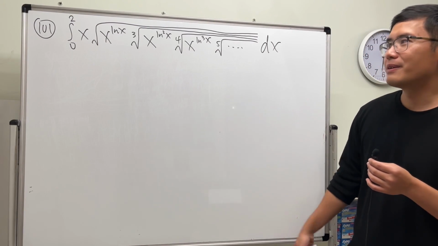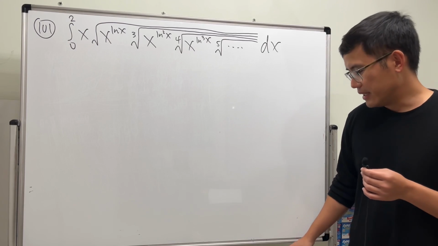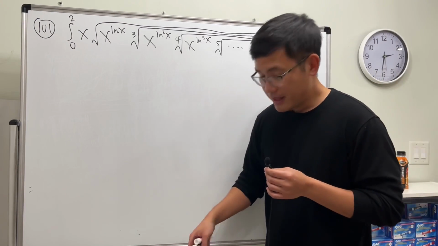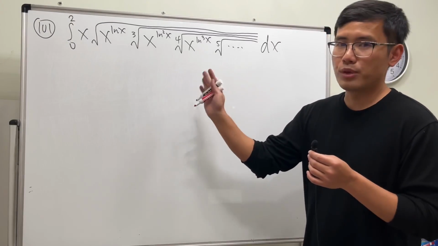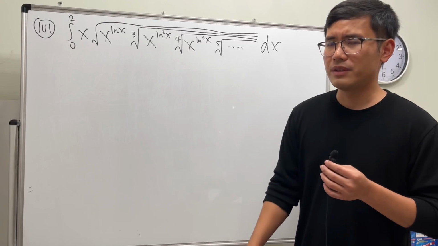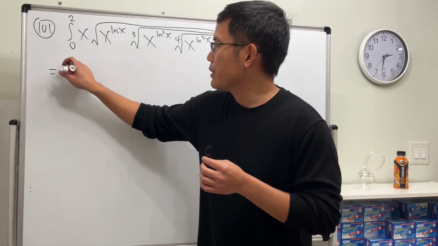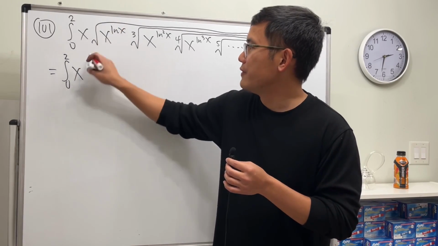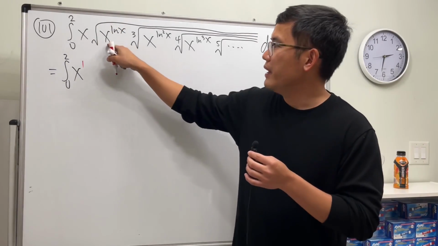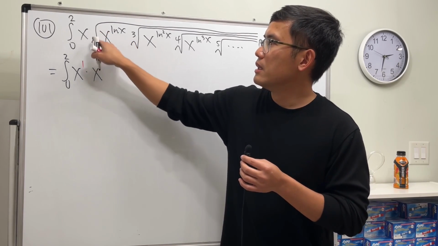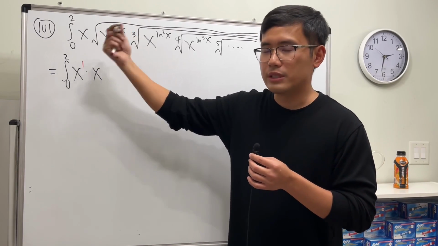And here is perhaps the cleanest solution for this question. Anyway, let's clean up this expression. If it's infinite, you will know it's something about infinite series. So we are looking at the integral going from 0 to 2. This is x to the first. Next, I'm going to look at this as x to the ln x over 2, instead of the square root, which is the 1/2 power.